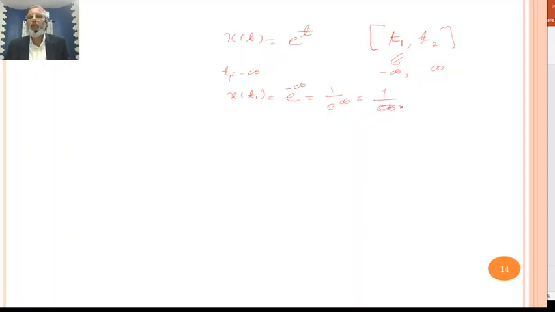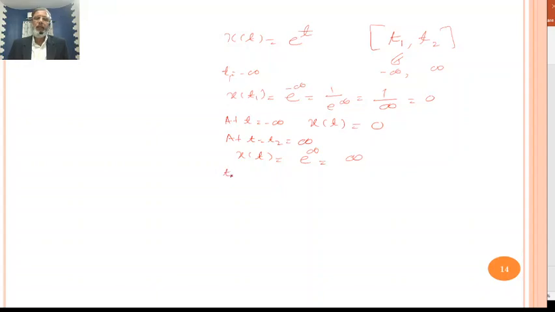1 upon infinity, and 1 upon infinity is 0. This equals 0. Means at t equal to minus infinity, the amplitude of the signal x(t) is 0. At t equal to T2, that equals infinity, the signal amplitude x(t) is e raised to infinity, and that equals infinity.